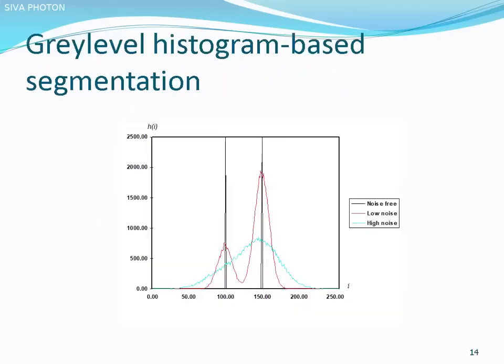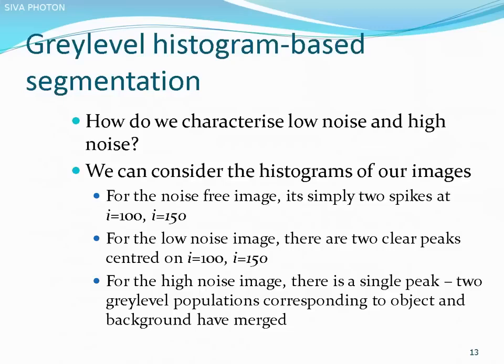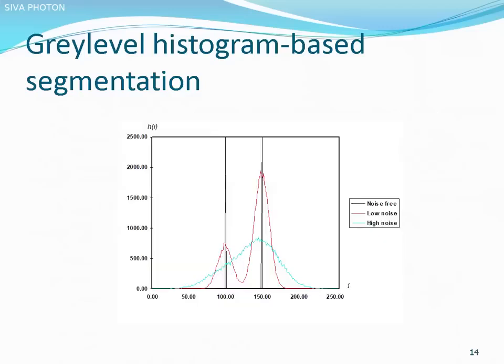To do that, we have to take the histogram of each image. For the noise free image, you can see it's simply two spikes at I equal to 100 and I equal to 150. Low noise means there are two clear peaks. Here you can see the graph: noise free, low noise, high noise.